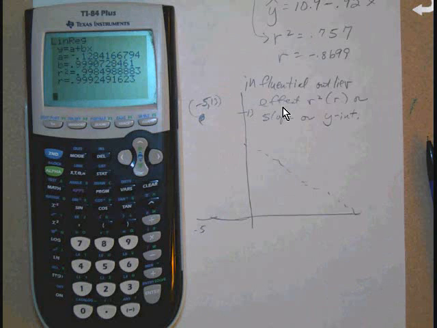So now, instead of the negative 25, I have put in negative 500 as my outlier point. And my slope has gone to almost 1. It's positive. My y-intercept is around 0.